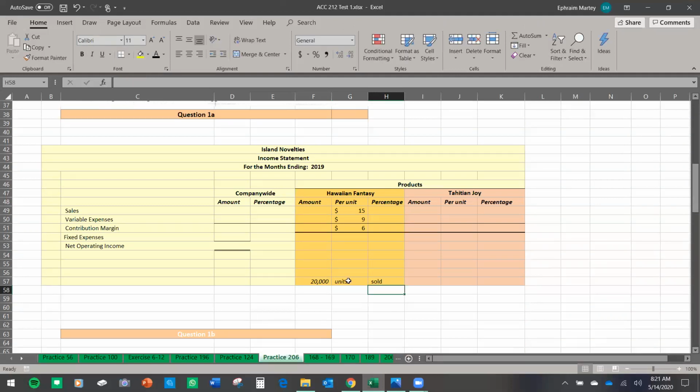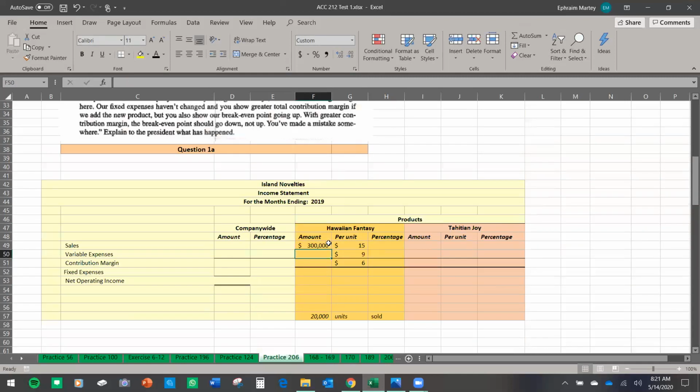If we sell 20,000 units and one unit is $15, we multiply by 20,000 units. That gives us 300,000. And the variable expense is also going to be 9 multiplied by the 20,000 units. Then our contribution margin for that product alone gives us 120,000.